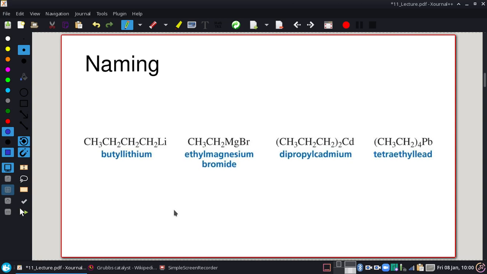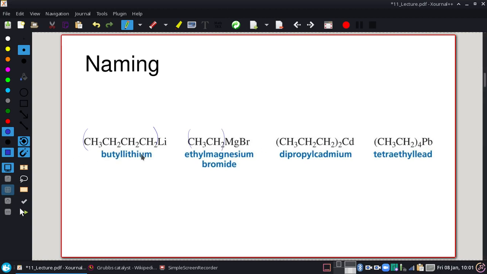All right, now first of all, let's get over the naming of these. Naming of an organometallic is relatively easy when we realize that they are, for the most part, just common name like. What I mean by that is we almost always name the R group as if it's a substituent.